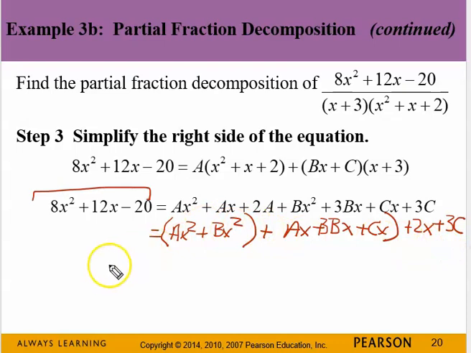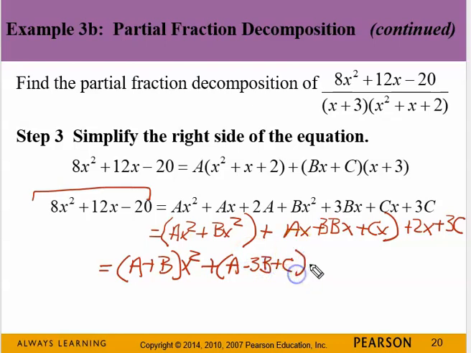Well, we're going to factor out the x's here, x squares first, and we get a plus b x squared plus a minus 3b plus c with an x, and this was meant to be here 2a, I guess, yes.